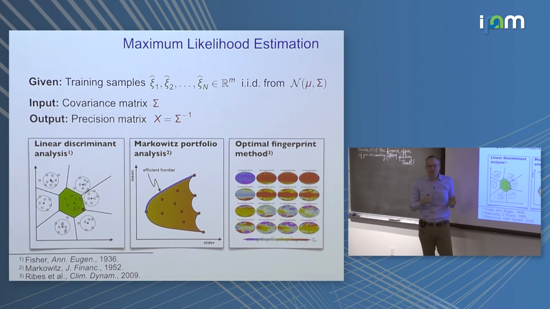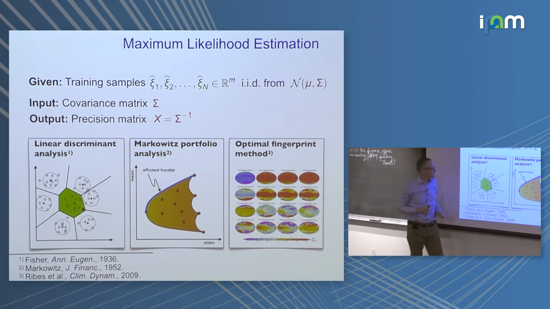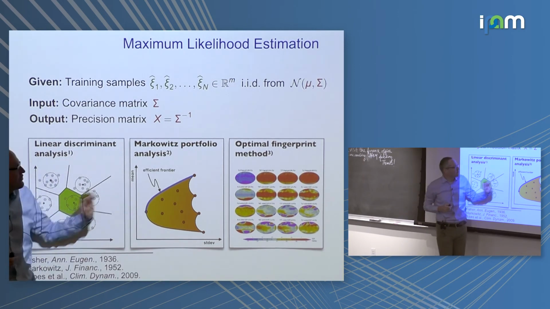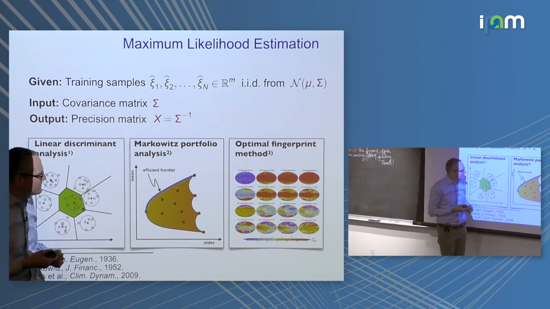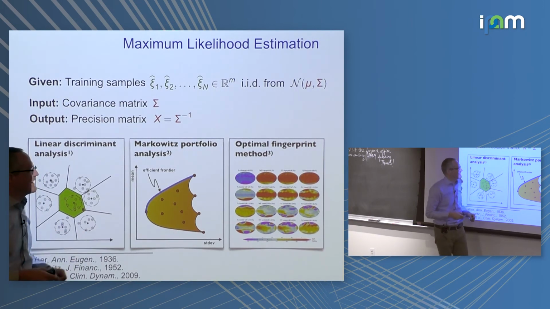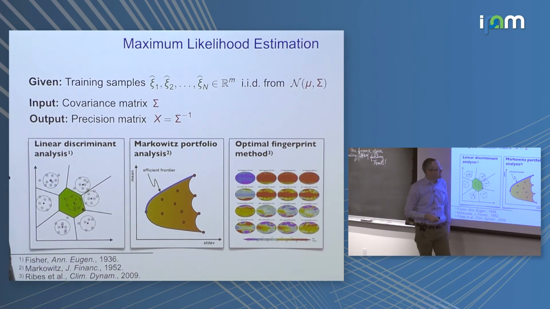The output is a maximum likelihood estimator, which depends on the precision matrix, or the inverse covariance matrix of the features. In the Markowitz portfolio analysis, you minimize the variance of the portfolio return, which depends on the covariance matrix of the asset returns. That's the input. The output is an optimal portfolio, which is a function of the inverse covariance matrix.